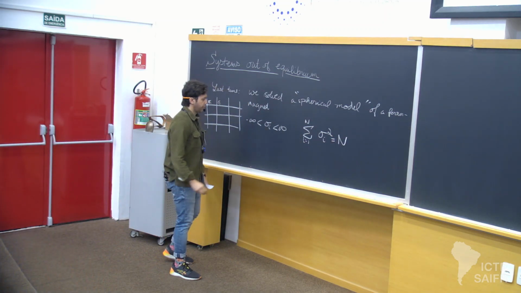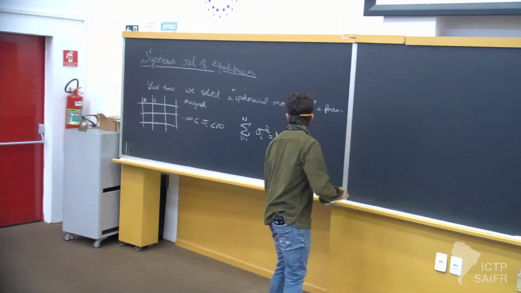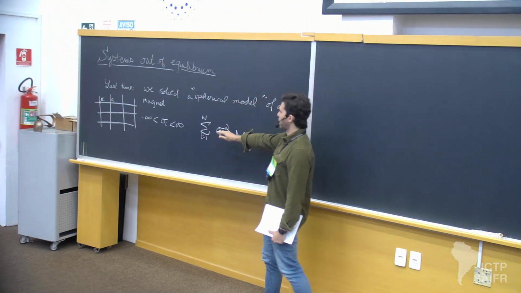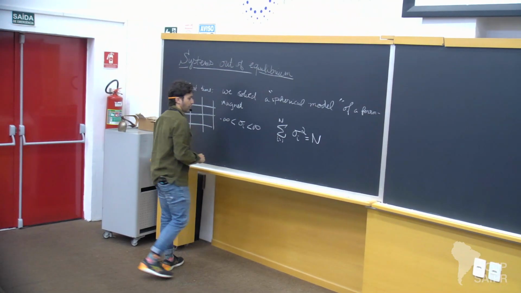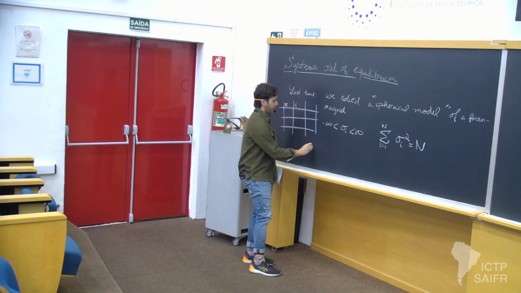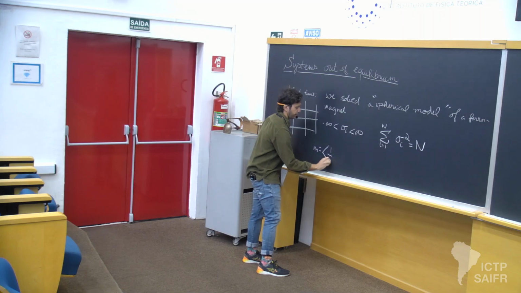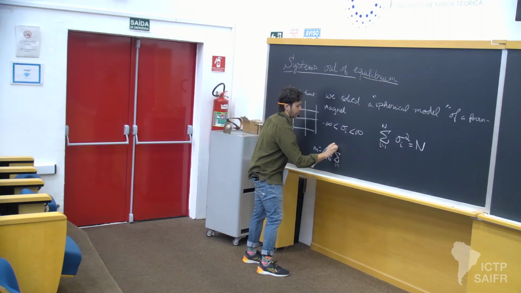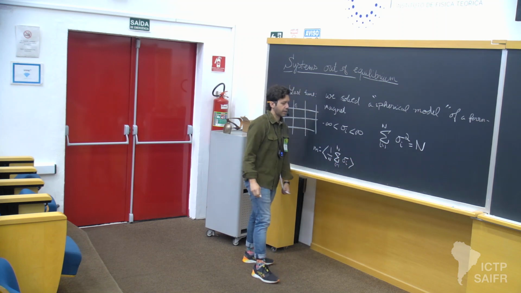And we showed that the model that we solved last time undergoes a ferromagnetic transition, where if you compute m, which is the expectation value of the average of the spins over all the sites, then this has the following behavior.